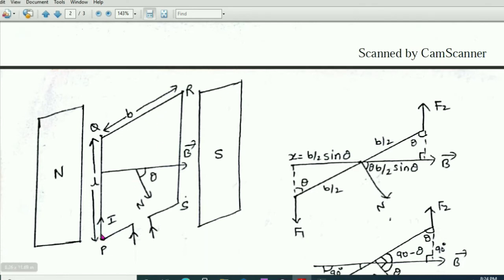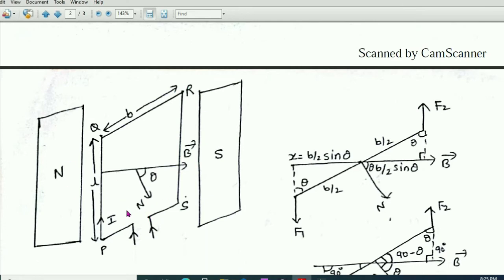But these two forces are equal in magnitude but opposite in direction, and they act along the same line of action. That's why these two forces cancel, and the net force acting on the loop due to the QR and PS arms is 0. Due to the arms QR and PS, there is no net force and no net torque acting on the loop.